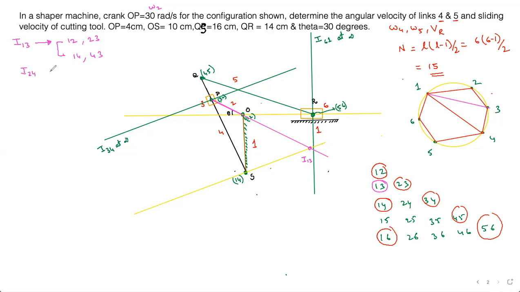Only if I have I24, because I have the 2 value and I need to find the 4 value. The logic is that the velocity of 2 is equal to the velocity of 4, because they are rotating purely about this point I24. So the linear velocity of this point should be equal to the linear velocity of the other point. Done? Yes.